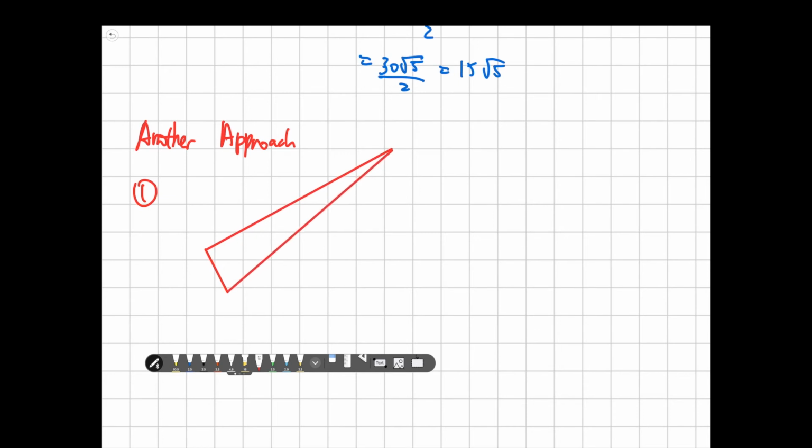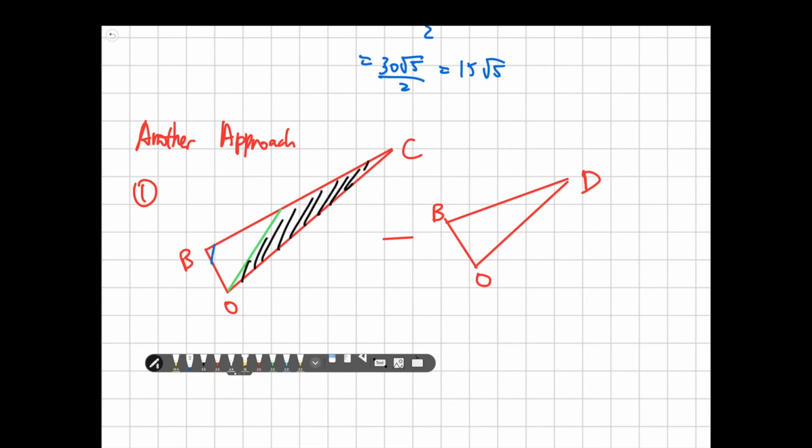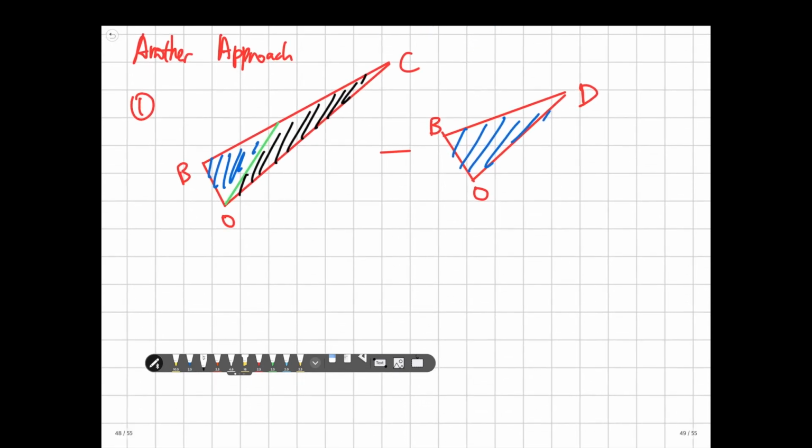So we have a big triangle and then minus a smaller triangle, and this is O, that is B, that is C, that is O, that is B, that should be D. Because we want to find this area, what we need to do is just minus this triangle area, so we can find the black one.